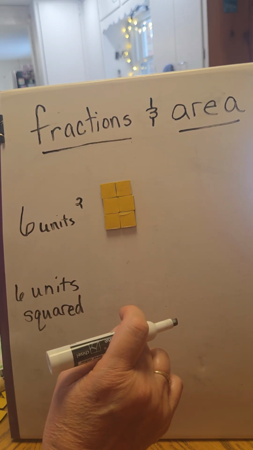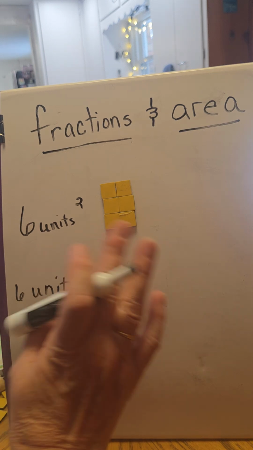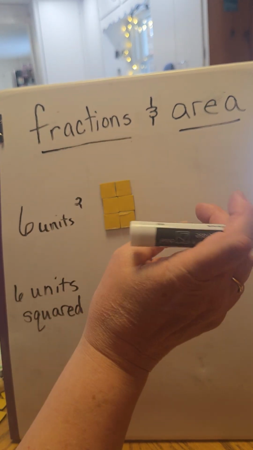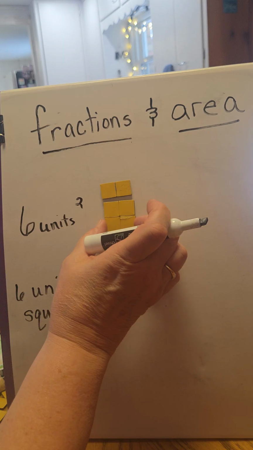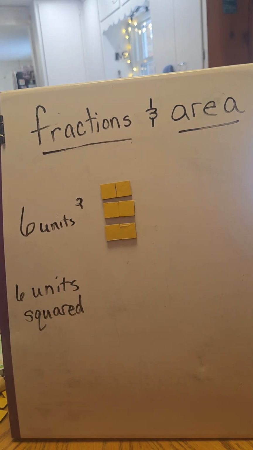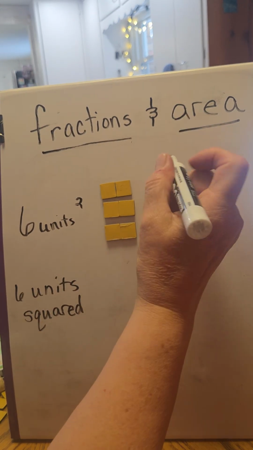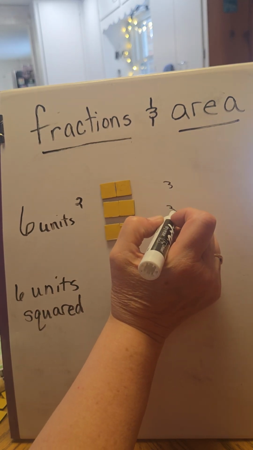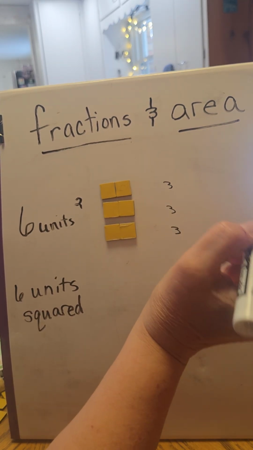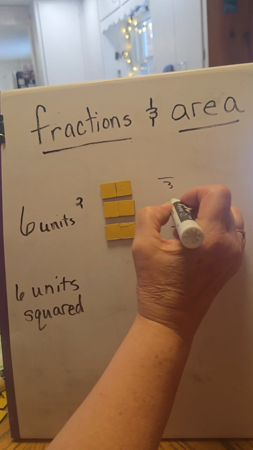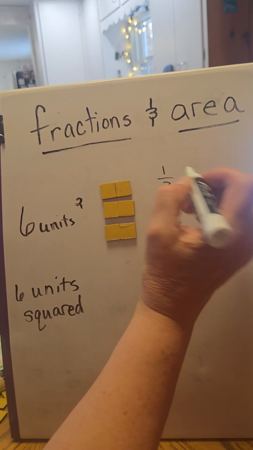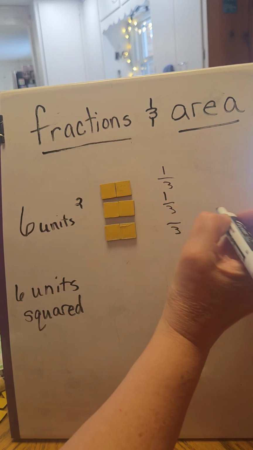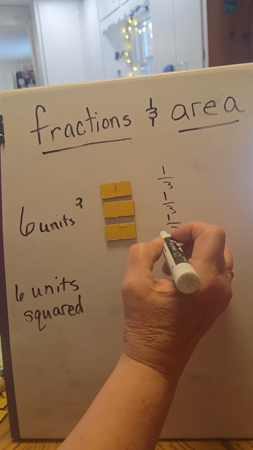Now, we're going to take this and we're going to think about the rows. 1, 2, 3. All right, how many rows do we have? 3. So that goes over here under the fraction bar. Here's 1, here's 1, and here's 1.